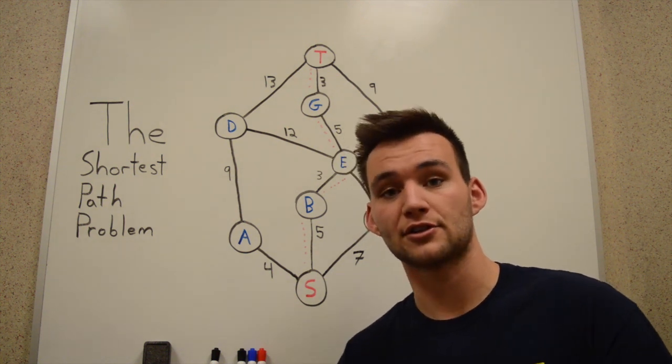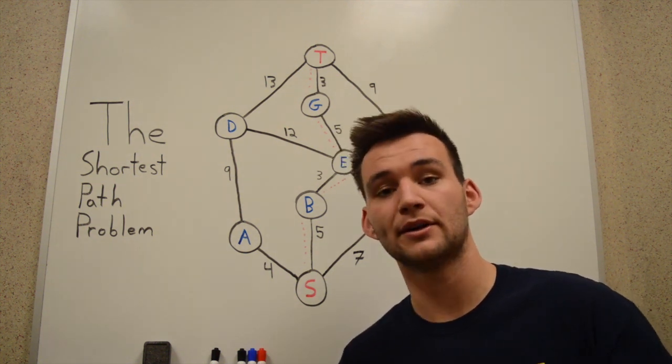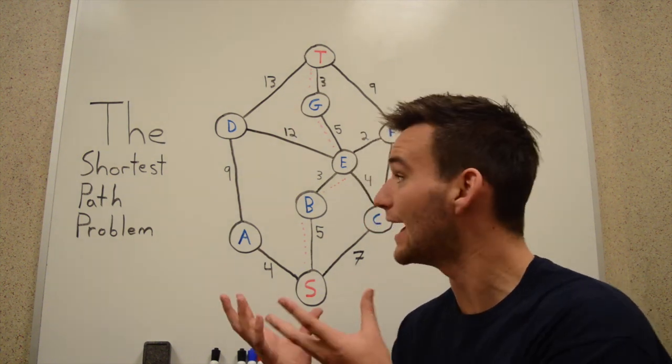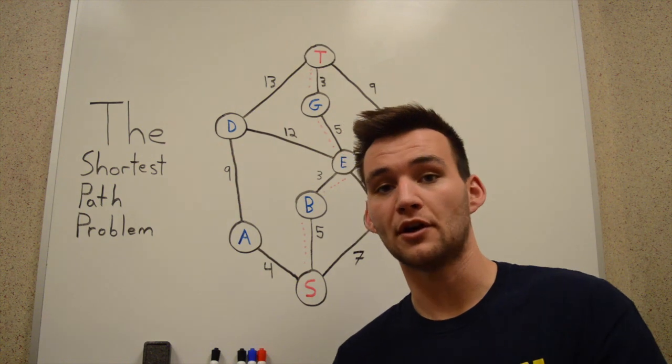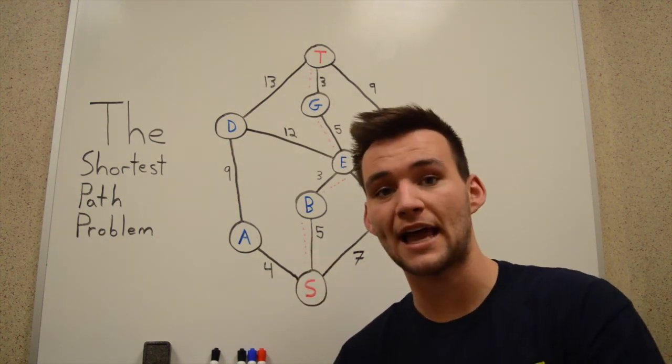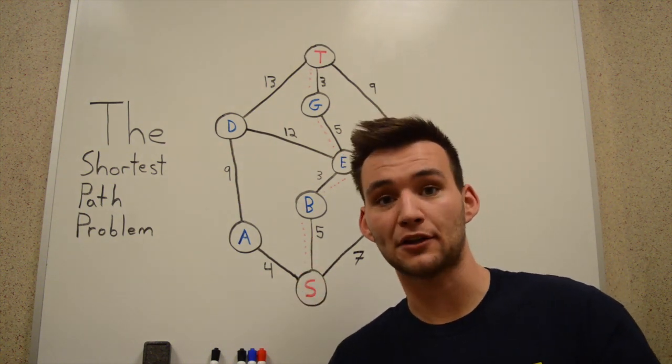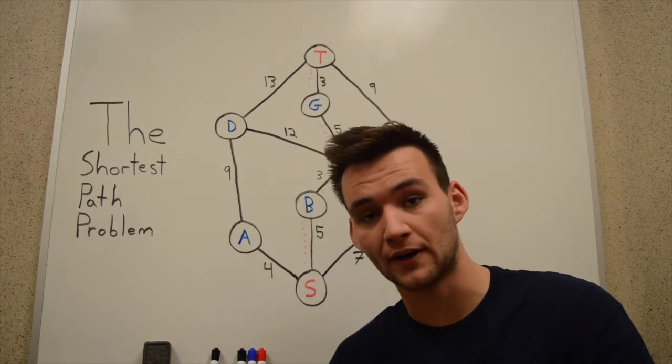Whereas for others, there's a lot of work that can be done up front to build some sort of data structure that embeds information about a graph so that when you go to look for a random shortest path between two different nodes, that calculation can be done much, much quicker.